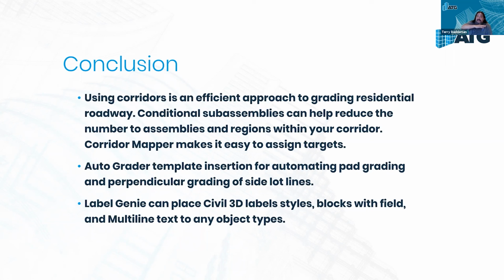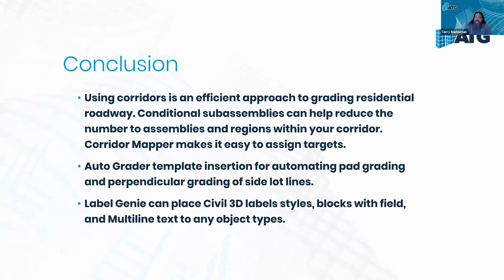So if you had a steeper road and you wanted to use the high point for your grading pad, you can easily change that in Autograder on this template insertion. So you have a couple options. On ours, we just did the center point of the 2 lot lines and a 4% slope back. But if our road was sloped at 4%, we could say, use the center of that feature line, but for elevation, use the high point and go at a certain slope from that high point.